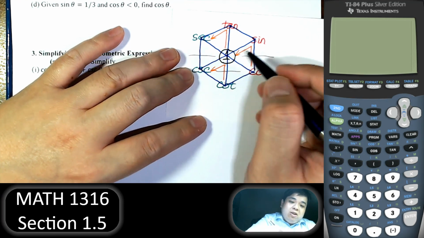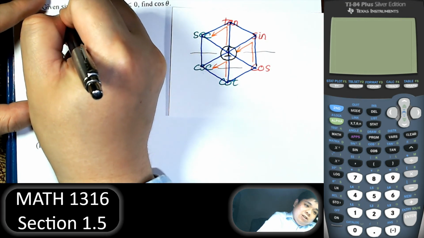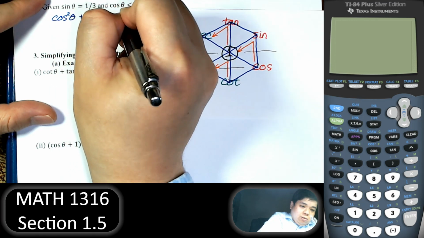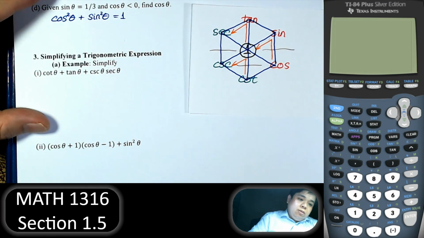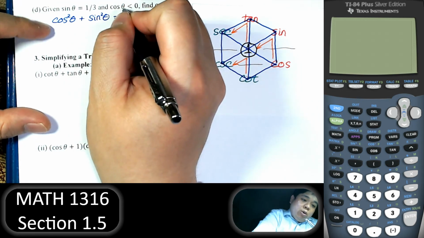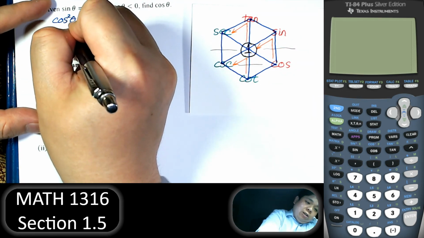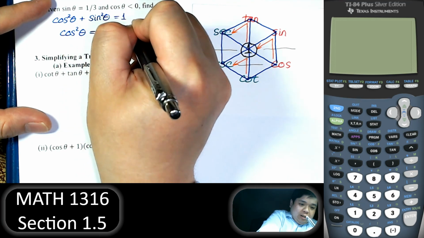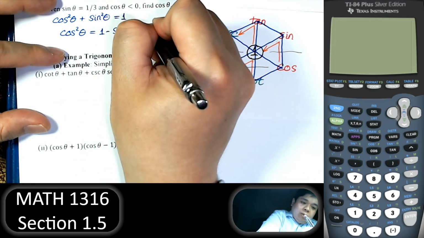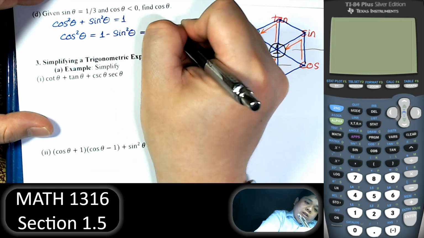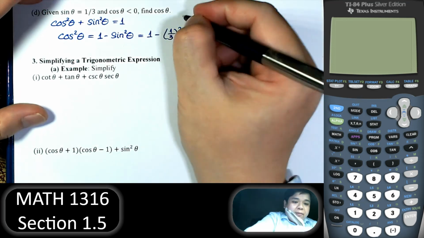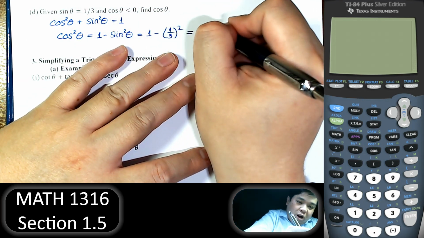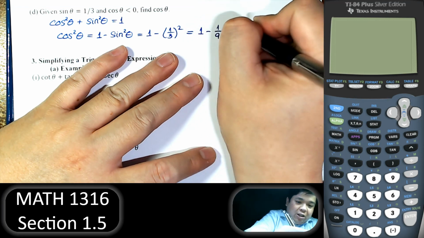So cosine square plus sine square is 1. We have sine square, we just need to find cosine square: 1 minus sine square. Sine is 1/3 squared. 1 square is 1, 3 square is 9, so we have 8 over 9.